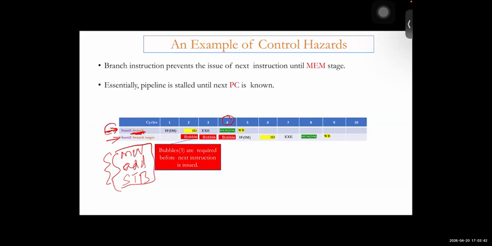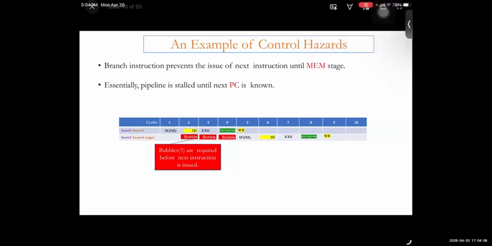Because of this branch instruction, these instructions are not allowed inside the pipe for up to 3 stages. So that leads to executing these 2 instructions in 9 cycles. So then what is the solution for this?